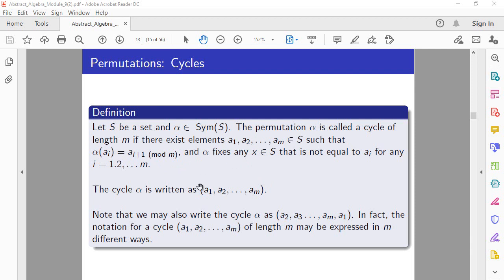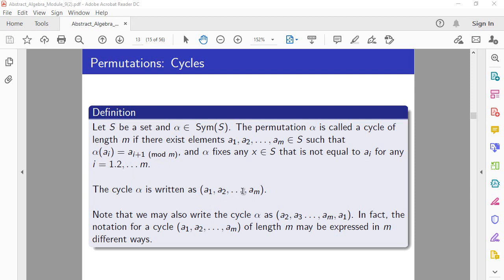So basically, when we have a cycle alpha, it is written in this notation (a1, a2, ..., am). So notice that alpha is a cycle. It means that alpha evaluated at a1 is a2, alpha applied to a2 is equal to a3, and so on.